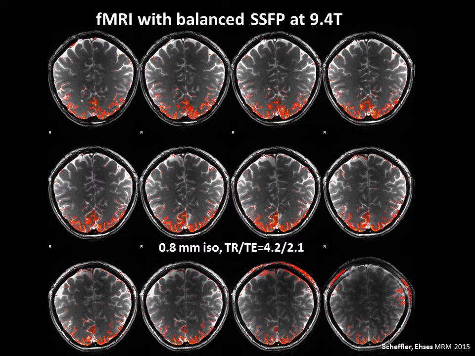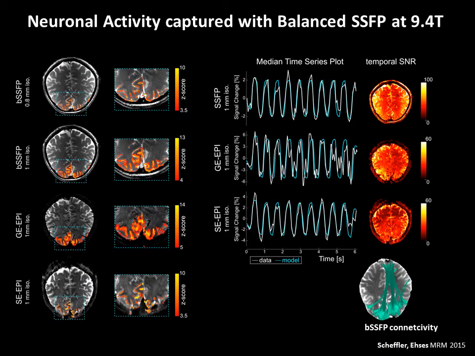A very interesting question is of course how this compares to gradient echo EPI or spin echo EPI. As we know, the balanced SSFP signal has some similarities to spin echo and therefore might be more sensitive to smaller vessels and less sensitive to larger vessels. That's why we did this research in this direction.